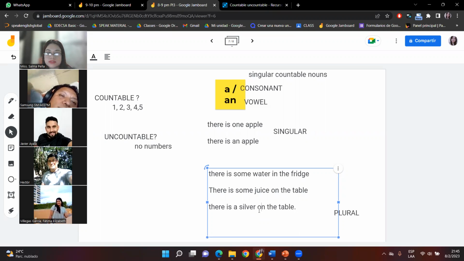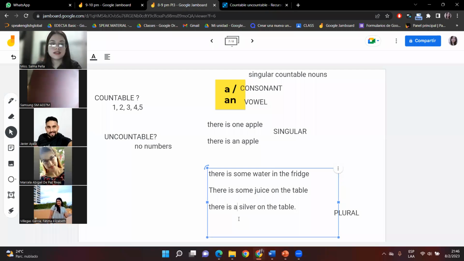Is that correct? What is the meaning of silver? It's a material like iron, glass, similar to gold, you know? Yes, okay, I got it. But is that correct? There is a silver. Incorrect. Why, Abby?